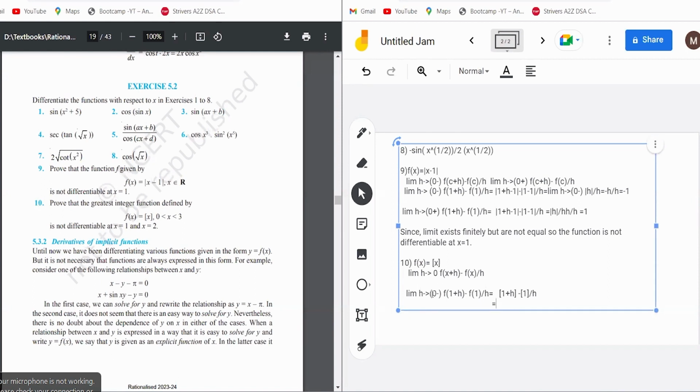So 1 plus h would be something like 0.9999999. So the integer part of 0.99999 will be 0. So from here we will get 0 minus the integer part of 1, which is 1 only. Okay. So it would be 0 minus 1, 0 minus 1, okay, divided by h.